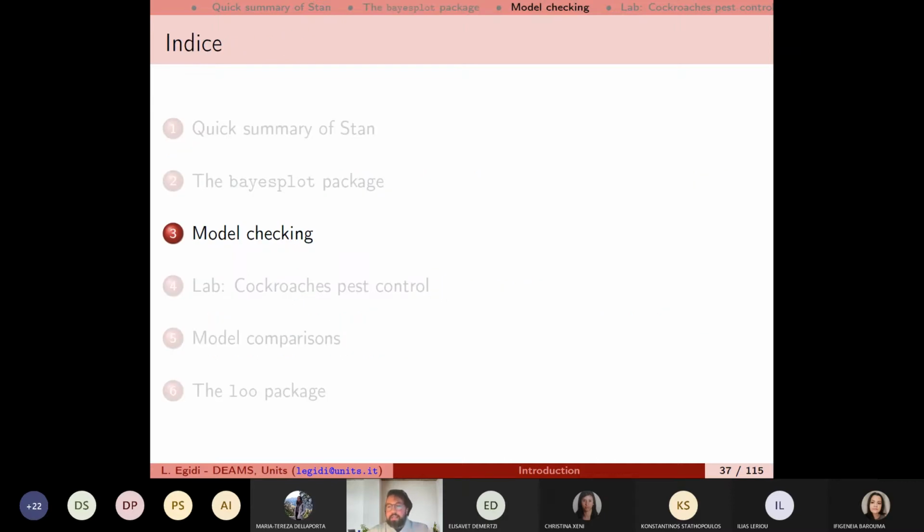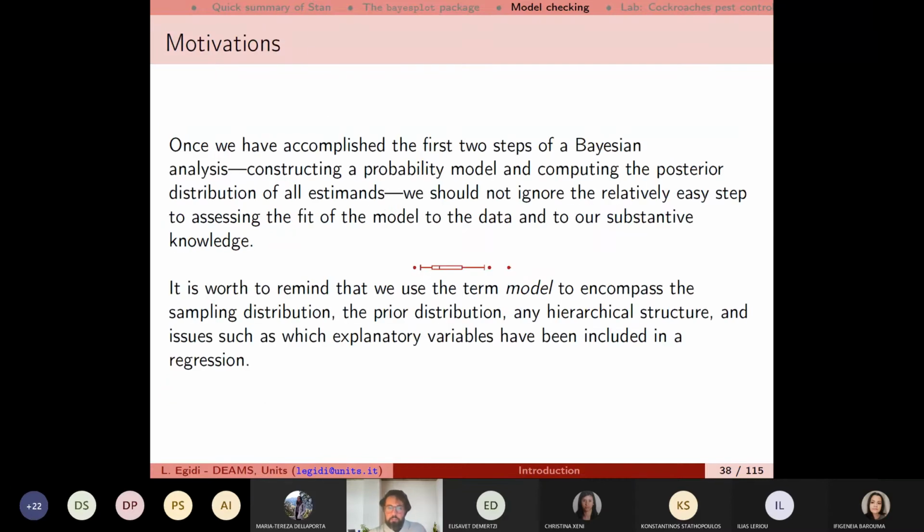Okay, now let's go towards one of the main topics of today, which is model checking. I don't know if you're familiar with model checking in Bayesian terms; maybe you have already encountered it. Once we have accomplished the first two steps of Bayesian analysis, constructing a probability model and computing the posterior distribution of all estimates, we should go towards a further step, which is no less relevant, because we should check the model.